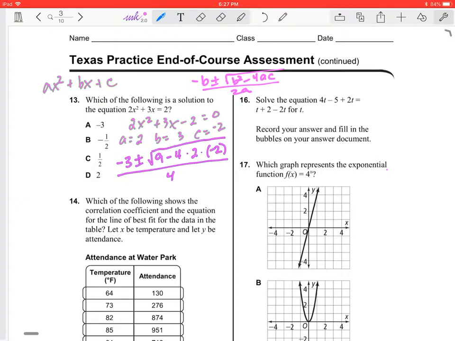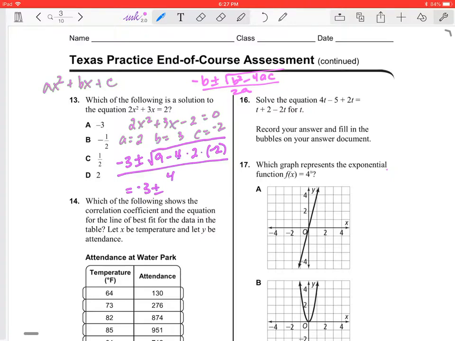Now I'm going to simplify this. This is going to become negative 3 plus or minus, remember, perform PEMDAS first, so multiplication first.